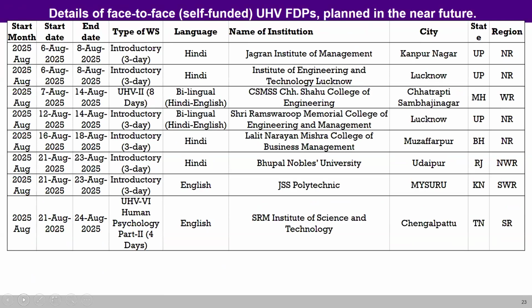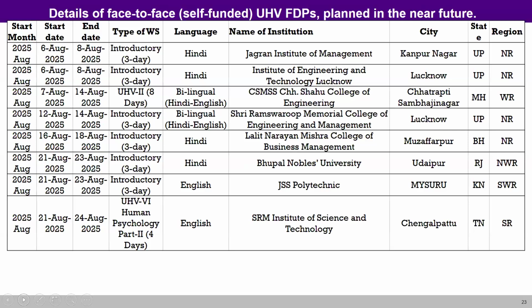Then from 7th August to 14th August, a UHV-II 8-day bilingual workshop in Hindi and English is going to be conducted at CSMSS Chhatrapati Shahu College of Engineering at Chhatrapati Sambhaji Nagar, Maharashtra, followed by a 3-day introductory FDP from 12th August to 14th August at Sri Ram Swaroop Memorial College of Engineering and Management at Lucknow, Uttar Pradesh.